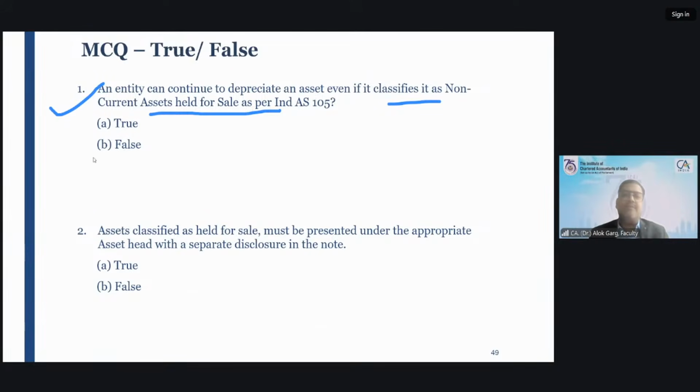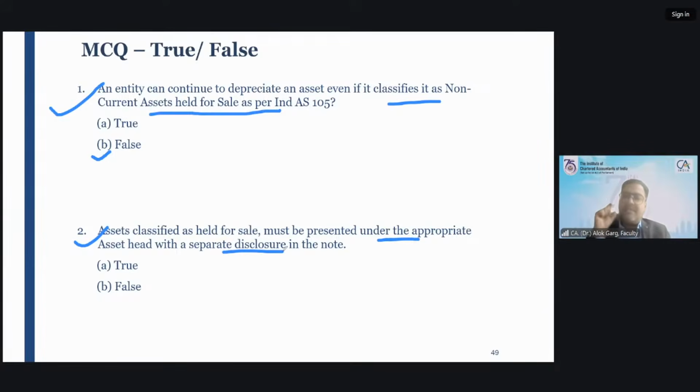The answer is false. Asset classified as held for sale must be presented under the appropriate asset head with a separate disclosure in the note. No, no, no. It should be classified as non-current asset held for sale as a separate line item. So the question is false. It is saying, for example, there is a PPE, there is an intangible asset. In PPE, one of the buildings is held for sale.